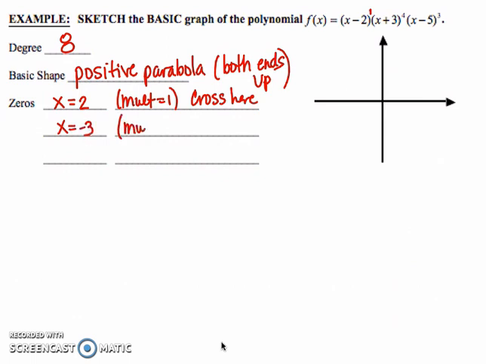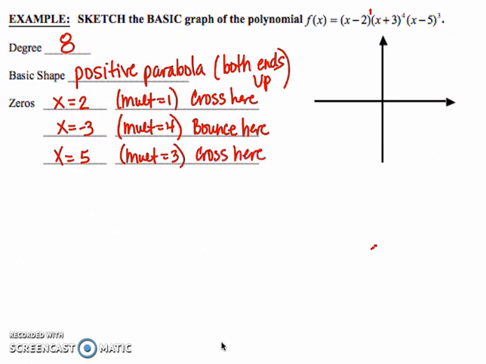That has a multiplicity of 4, so that tells us that the graph will bounce here. And then finally, our third 0 is at x equals 5. That has a multiplicity of 3, so again, since it's odd, the graph will cross here.